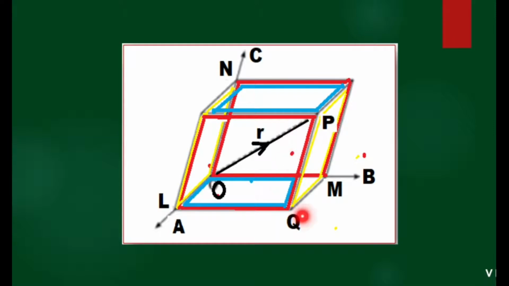This vector OP, which we denoted there by R bar, here we consider as small p bar.